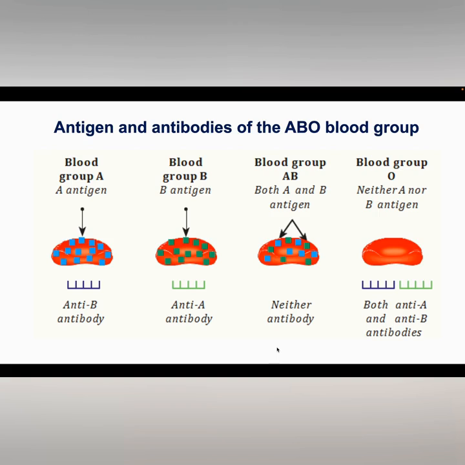Neither antibody is present in the plasma. O blood grouped people have neither antigen A nor antigen B, but have both antibody A and antibody B in the plasma. This is the basis, the antigens and antibodies, of the ABO blood group system.